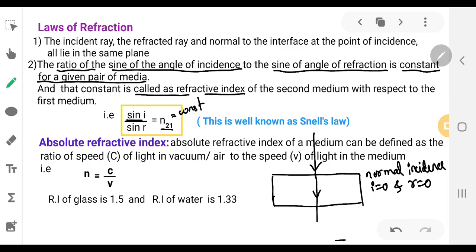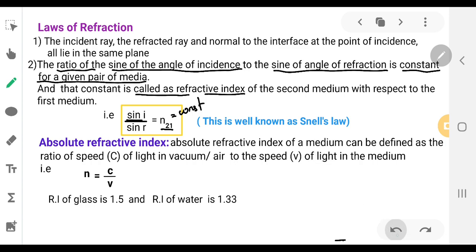In this case you cannot apply Snell's law, because Snell's law is sin i by sin r, which is sin 0 divided by sin 0. There is no meaning to this equation; it becomes infinity. So normal incidence is a special case of refraction. You cannot apply Snell's law when the ray is incident normally.